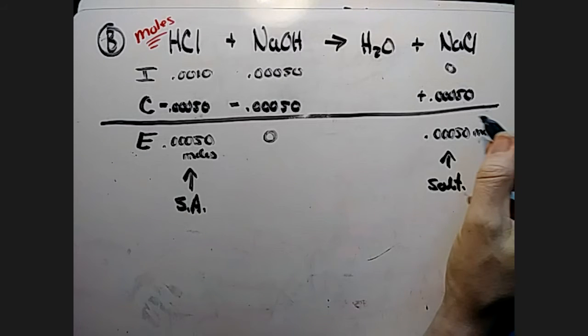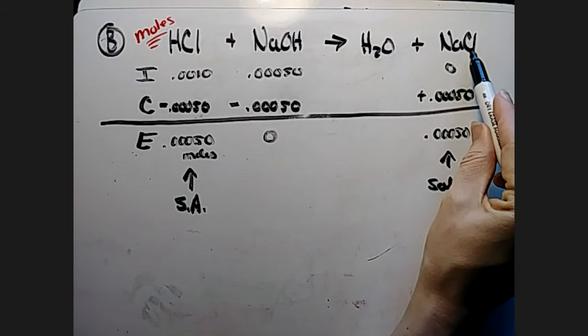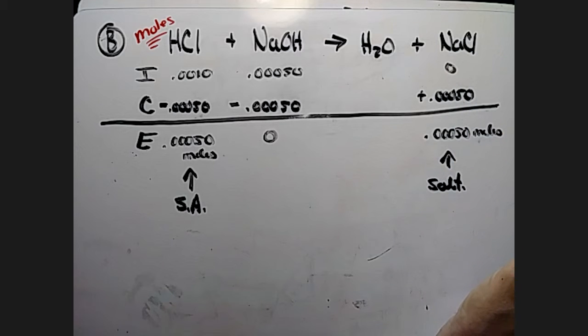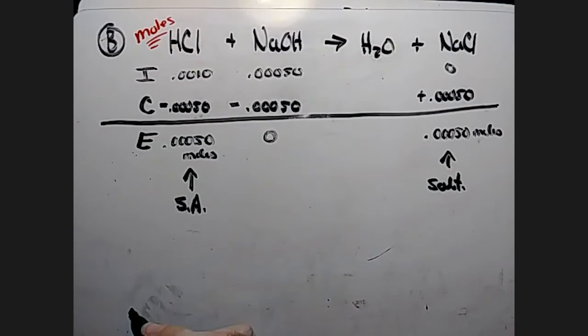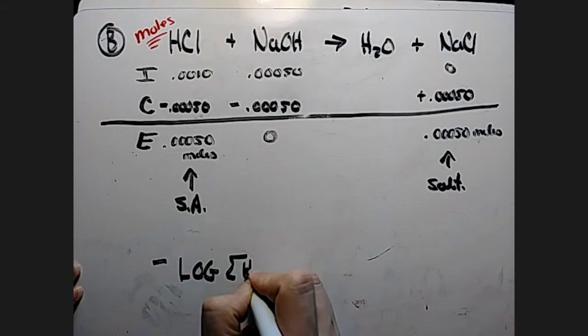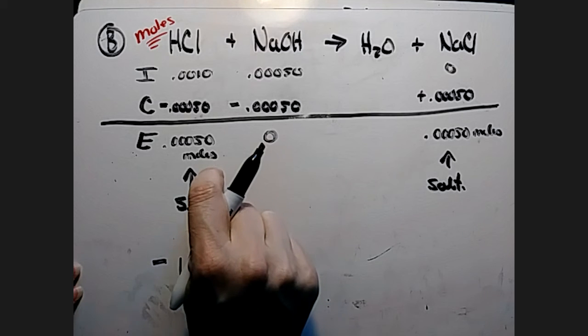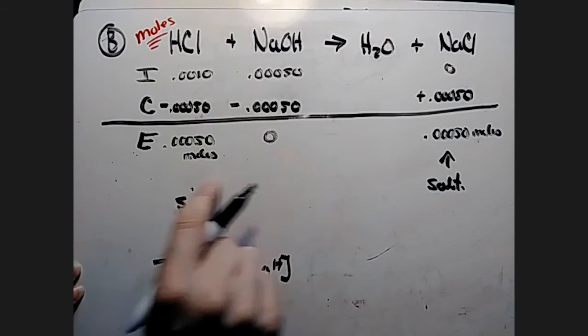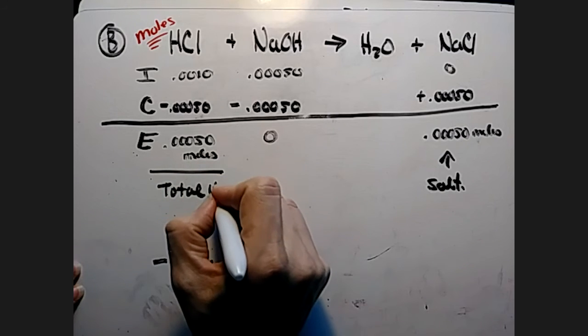In fact, this salt is not even capable of changing the pH. Both the sodium and the chlorine ions are very stable in water. They won't re-react. But I do have HCl left over. That's a strong acid. Finding the pH of a strong acid is easy. We're going to take the negative log of the hydronium ion concentration. Now again, that's concentration. I have moles. One more step left. Divide by the total volume.